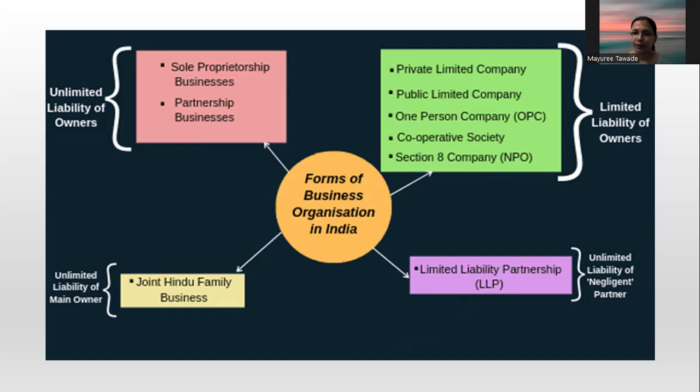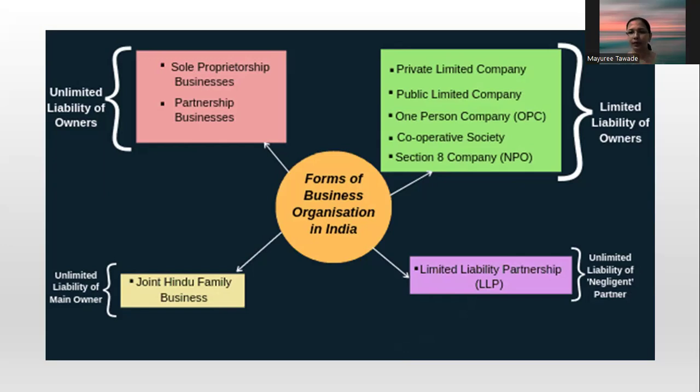Sole proprietorship means a person is the whole and sole owner of the business. He's the manager, he's the recruiter, he is the risk taker, as well as he enjoys the profit. Everything a sole person does. That is why it is called sole proprietorship.